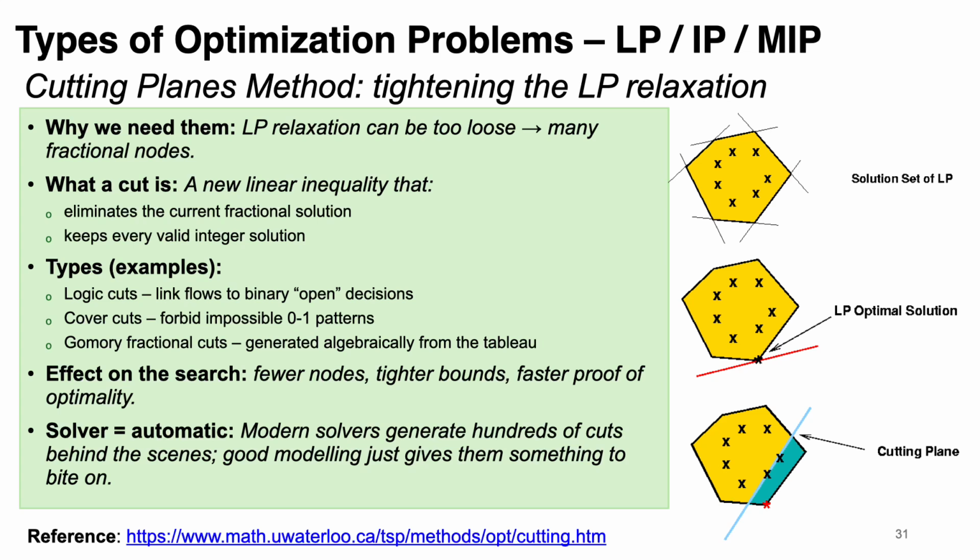It acts like a surgical strike, slicing away parts of the feasible region that contain fractional solutions but leaving every valid integer solution untouched. This tightens the model, giving the solver something to bite on. It leads to fewer nodes in our search tree and a much faster proof of optimality. While modern solvers generate hundreds of these cuts behind the scenes, a high-quality model is one that is already tight enough for these cuts to be effective.